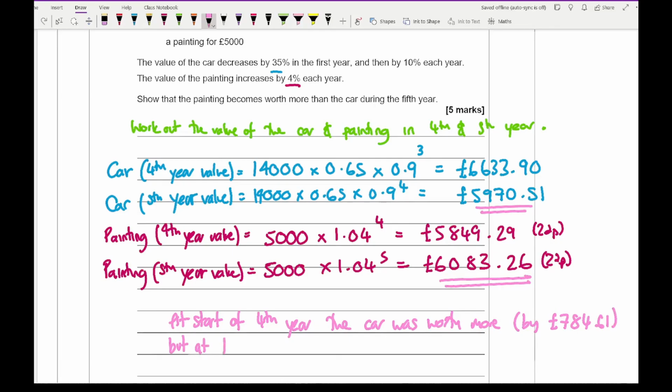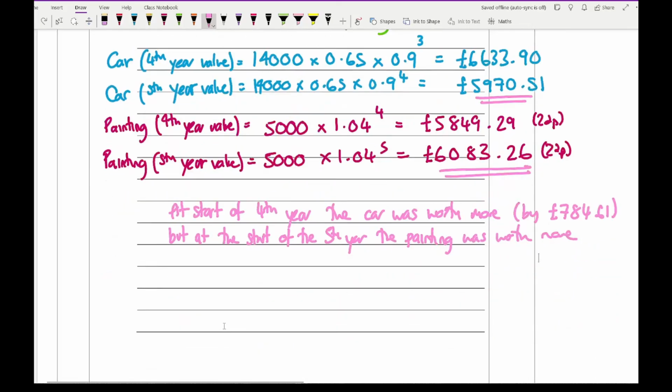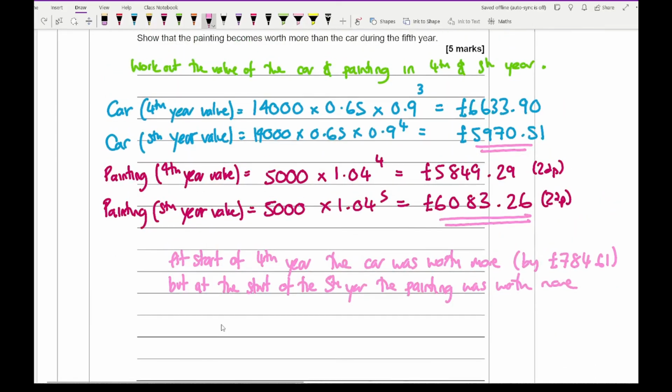But at the start of the 5th year, the painting was worth more. And again, we can then work out the difference by doing 6083.26 take away 5970.51, which is £112.75.